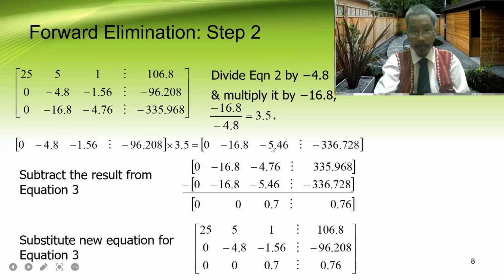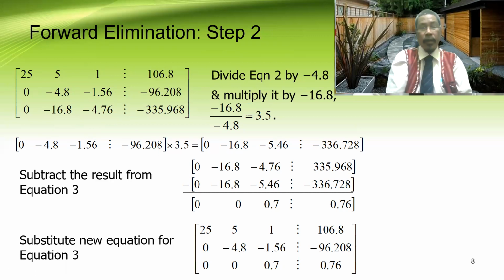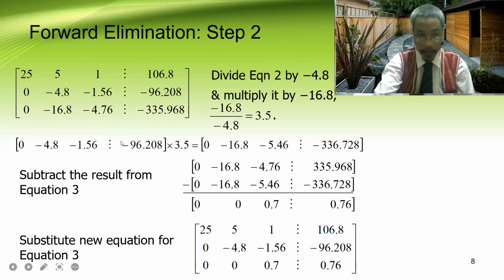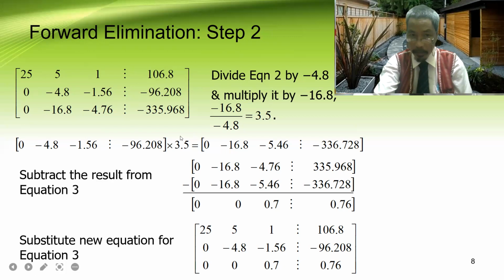And negative 1.56, multiply by 3.5. That is negative 5.46. Okay. And negative 96.208 times 3.5, that is negative 336.728. Okay.